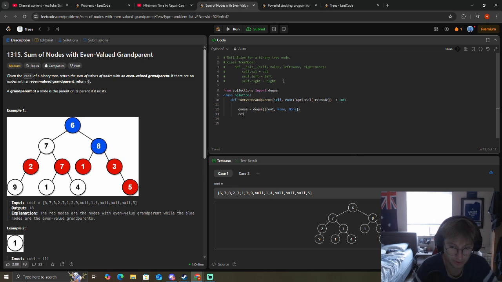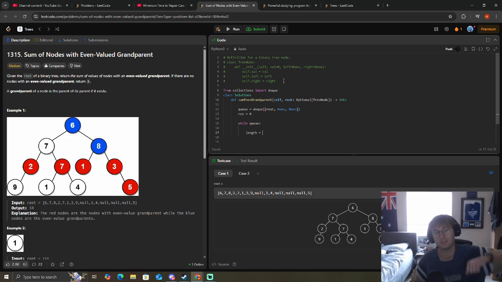I'm gonna create a res value to store everything. While queue, length is equal to the length of queue, right?